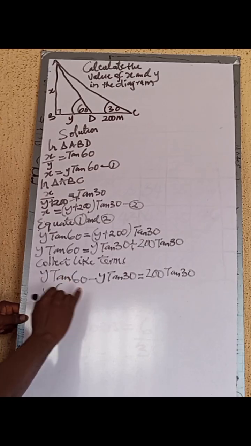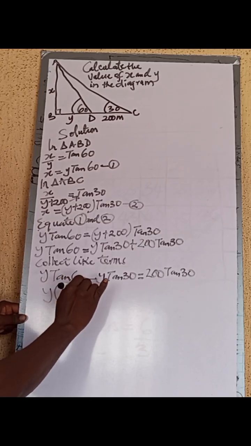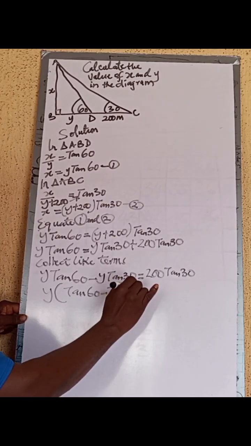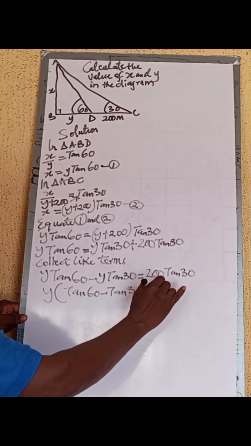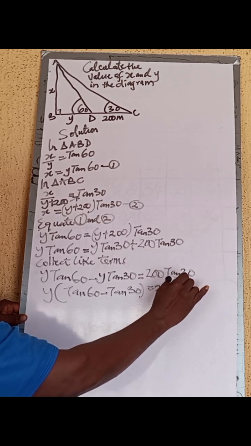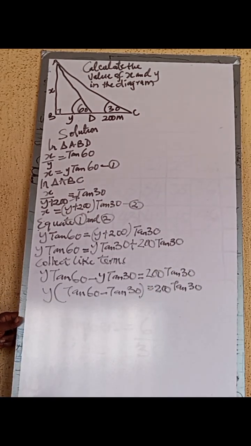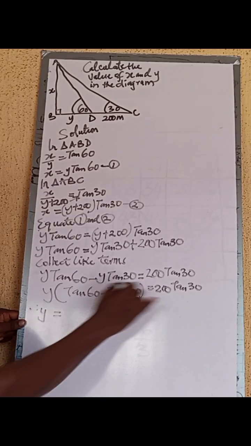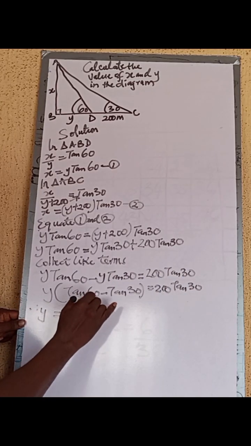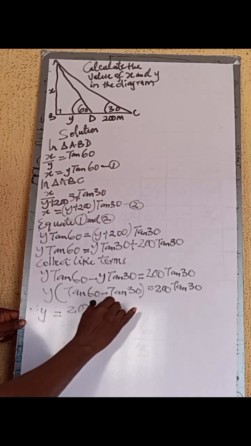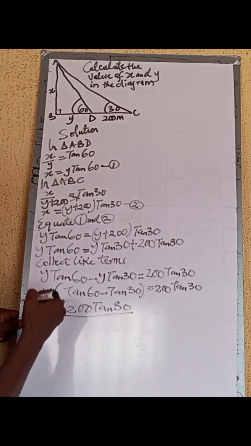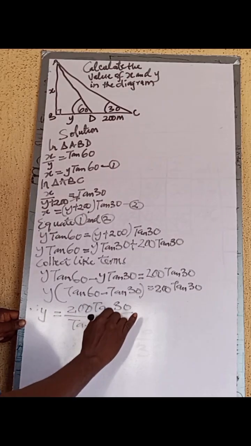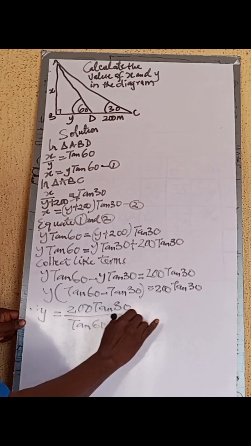Factor out y. What remains here is tan 60 minus tan 30, equal to 200 tan 30. Therefore y, which is what we are looking for, will be 200 tan 30 all over tan 60 minus tan 30.